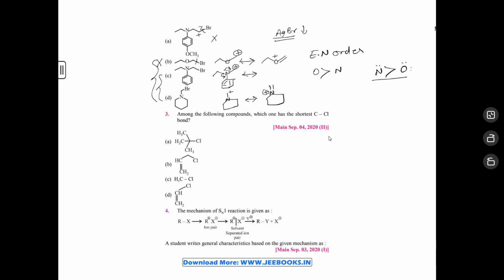But in case of D, the lone pair is not in conjugation with this ring and is completely available for stabilizing the positive charge. Hence D will have the more stable carbocation, therefore it will give the precipitate more readily with silver nitrate solution as silver bromide. So the correct answer is D.